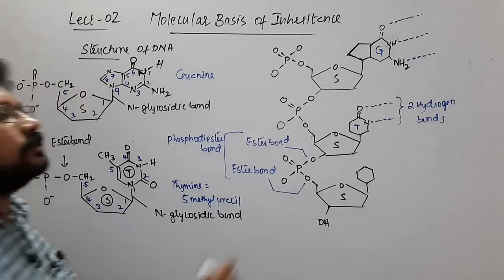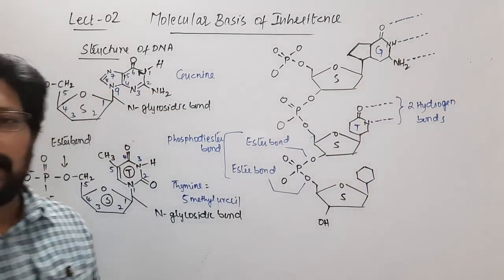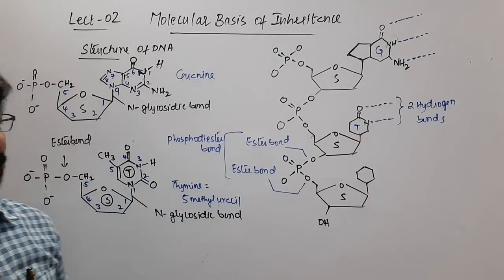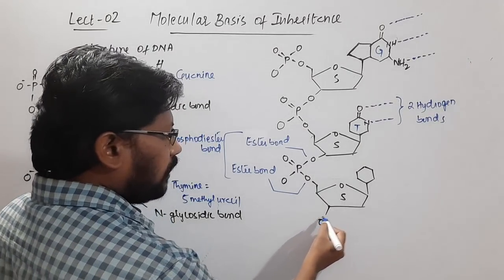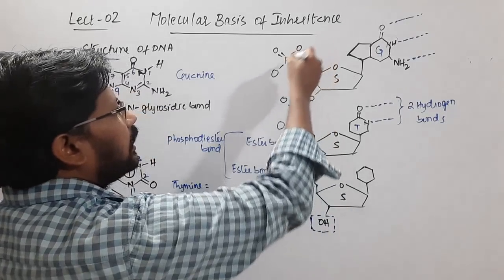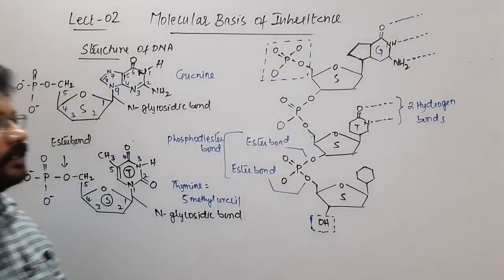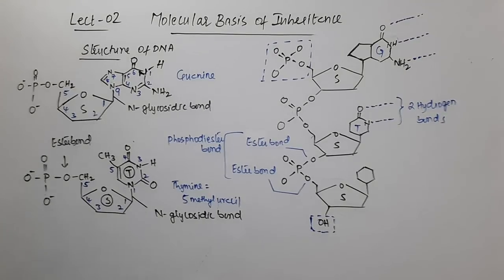This one is going to form three bonds with the cytosine, and this one is going to form two hydrogen bonds with the adenine. You can also see here the third OH and the fifth phosphate. So this is, at the molecular level, the structure of the DNA molecule.